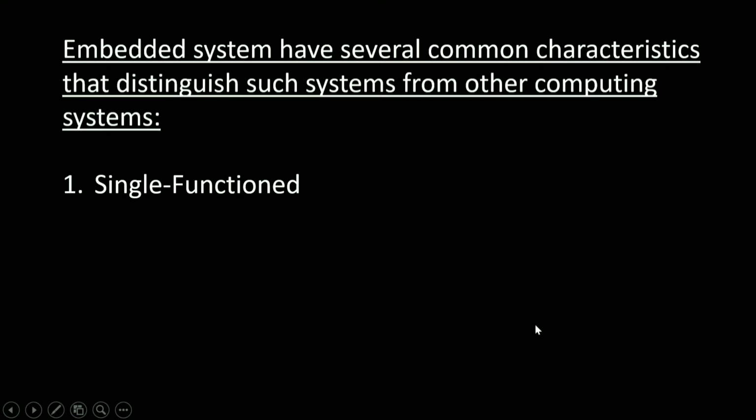For example, a pager will always be a pager, a mobile will always be a mobile, a camera will always be a camera. In contrast, a desktop system executes a variety of programs like spreadsheets, word processors, video games, with new programs added frequently.